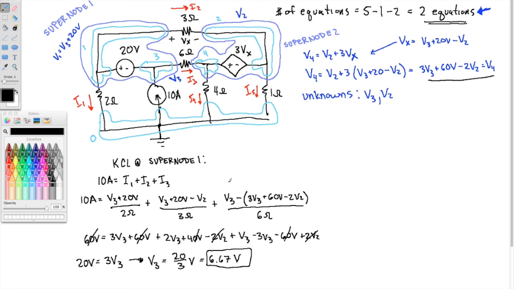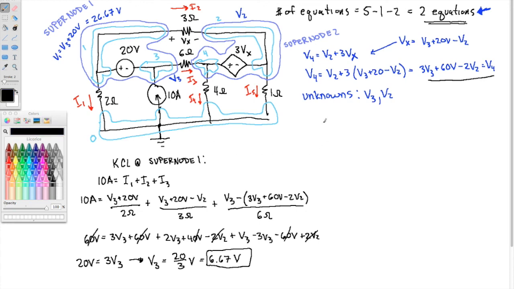Okay, good. So we can add that to our figure. This was V3. Well, I'm kind of out of space here, but that's the voltage right here. 6.67. Then the voltage at node 1 is 20 volts higher than that. So this guy is 26.67 volts over there. Alright, but what about over here at supernode 2?